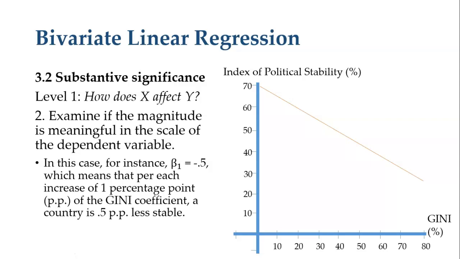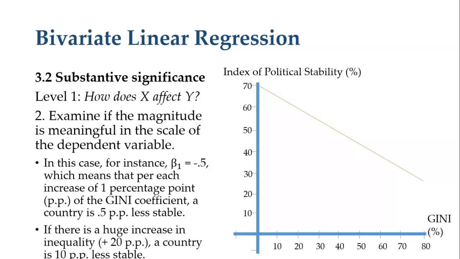So we can try different things. For instance, we can say, okay, if there is a huge increase in inequality, imagine 20 percentage points, so a country suddenly becomes very unequal, that country is going to suffer a decrease of 10 percentage points in political stability.